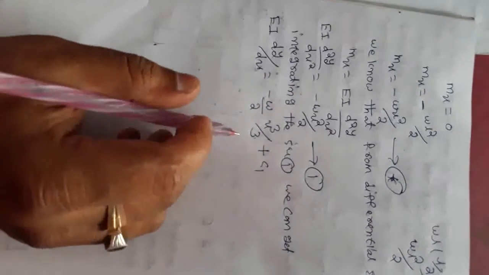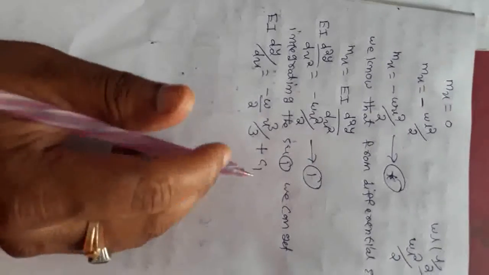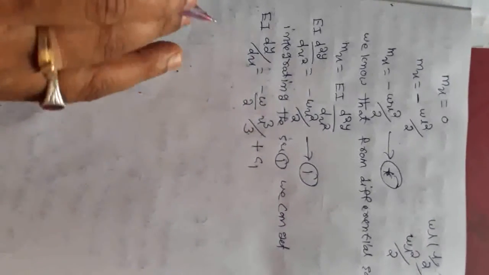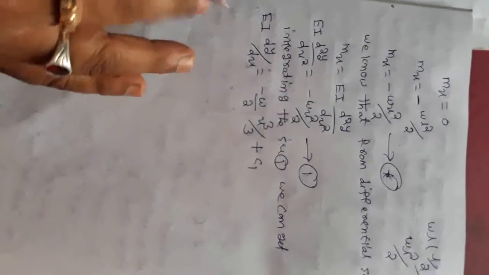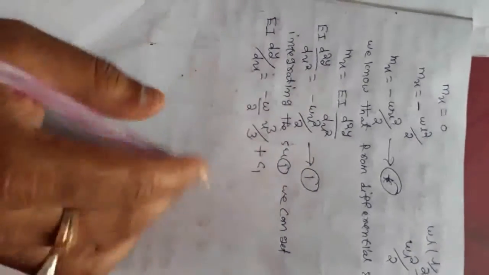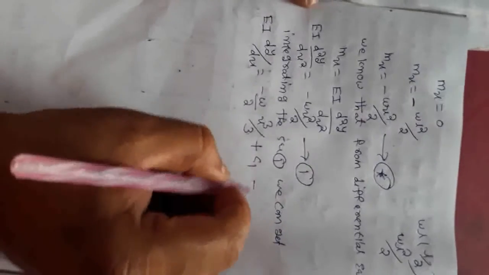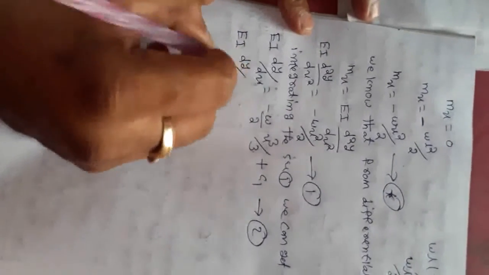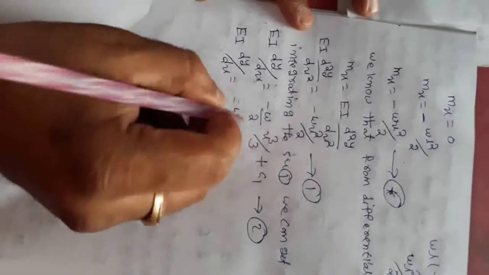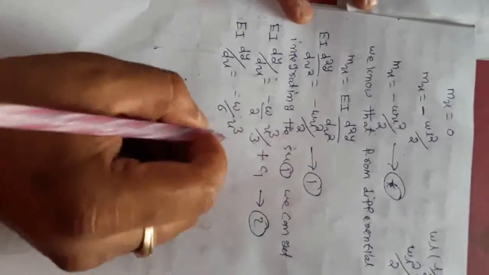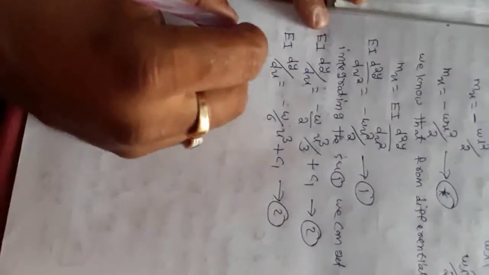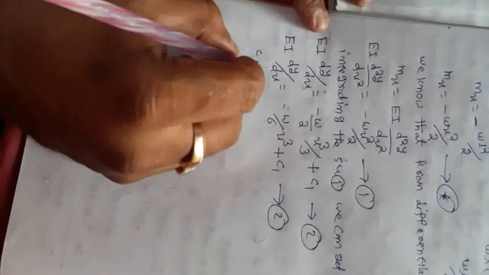We put the constant C1 after integrating, and when integrating again you put C1 x plus C2. After simplification you can write equation number 2 like this: EI dy by dx equal to minus W by 6 x cube plus C1. This C1 is nothing but a constant of integration.